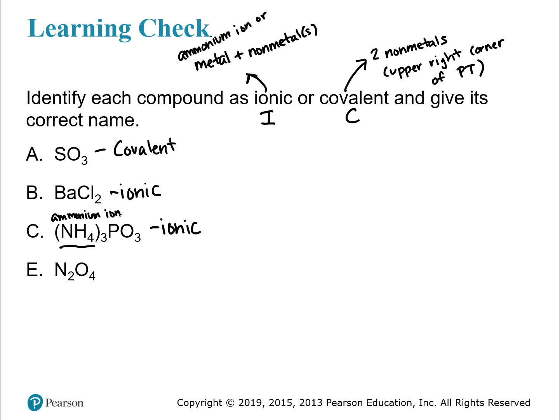You will not need to memorize the ions. I will give you the chart from chapter 6 that has all of the polyatomic ions that you need to recognize. So if you didn't memorize them, don't worry. You just need to know how to recognize them and use the chart.